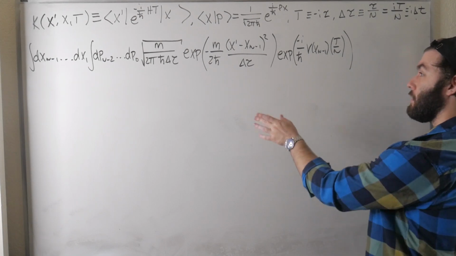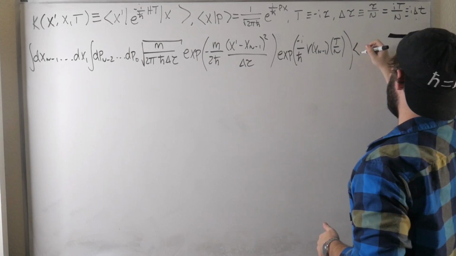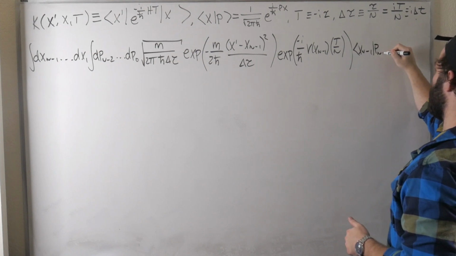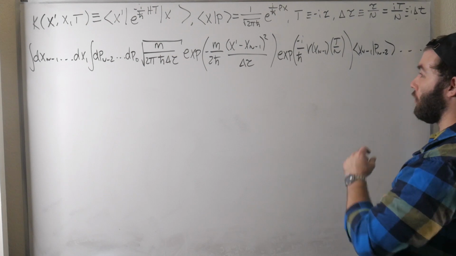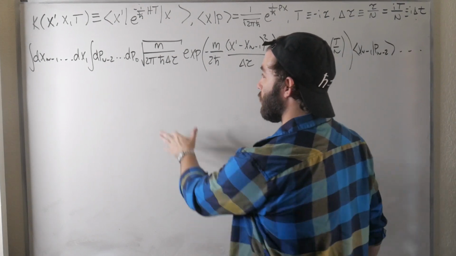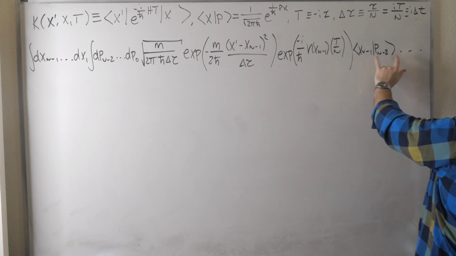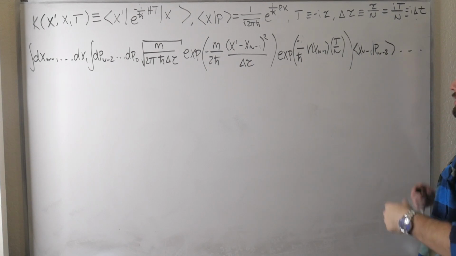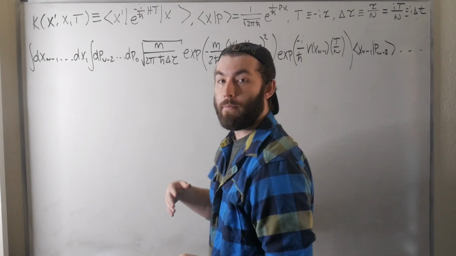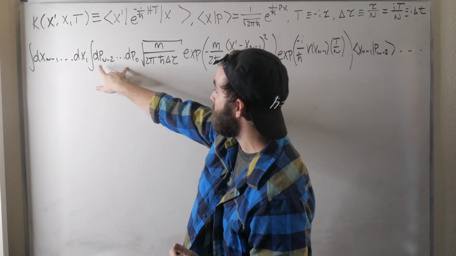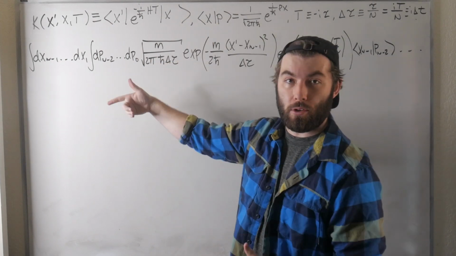And then we're going to have the rest of the momentum parts. So we have x sub n minus 1, p sub n minus 2, dot dot dot, all of the other stuff. Like I said, we're going to get one of these factors and one of these exponentials for each of these matrix elements times these transformation coefficients. And we're going to have n of those integrals. So instead of the square root, once we perform all of the p integrals, we'll have an n over 2.